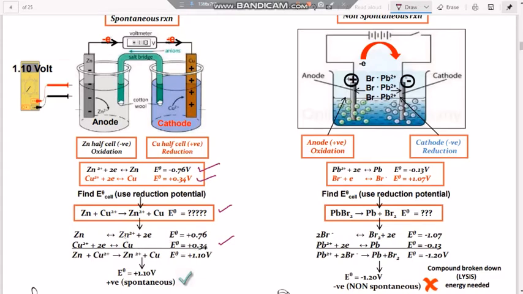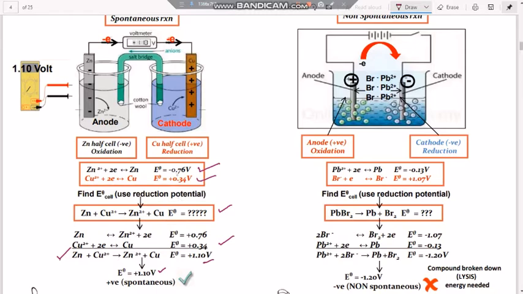Oxidation and reduction both take place in this reaction, called a redox reaction. So in this redox reaction, we got the E naught value as 1.10 volts. To get the E naught value, we have to add the oxidation potential value and the reduction potential value to find the final EMF of the cell.